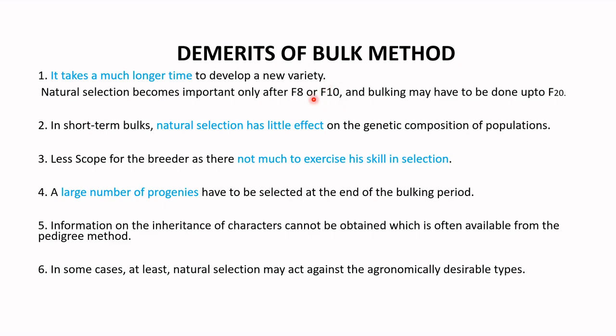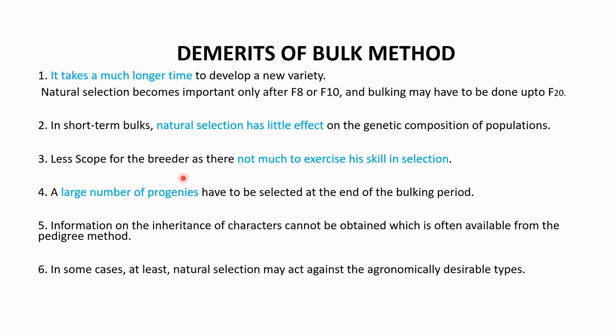Natural selection by bulking of 10 generations is required, which may sometimes take up to F20 generations of bulking, whereas in the pedigree bulk method we only go for 4 to 5 generations of bulking in short term, which is called short-term bulks. In short-term bulks, natural selection has little effect. There is lesser chance of improvement of fitness, though this is comparatively higher than the pedigree method.